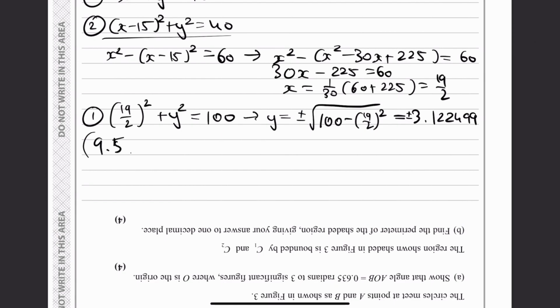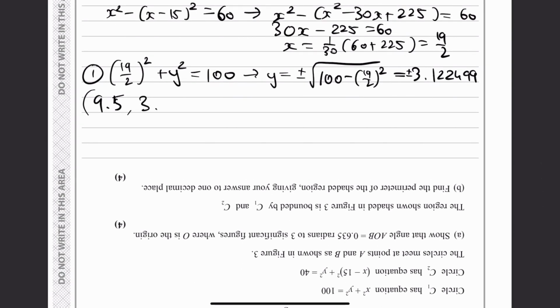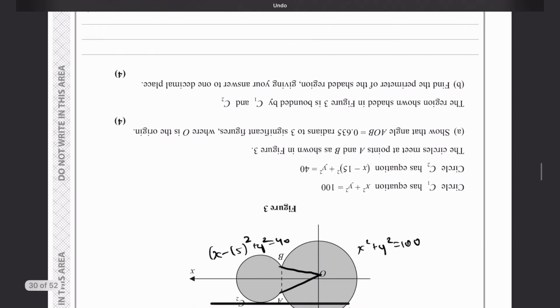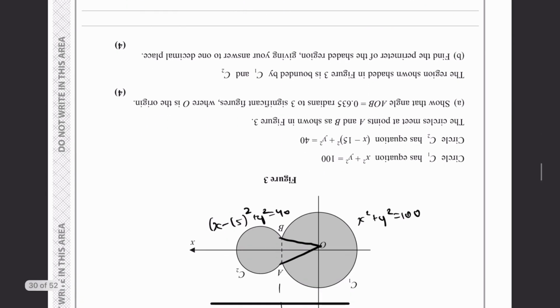So positive 9.5 and positive 3.122499, and negative 9.5 and negative 3.122499. Okay, so we have our 2 points of intersection.